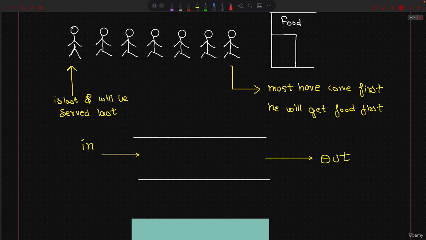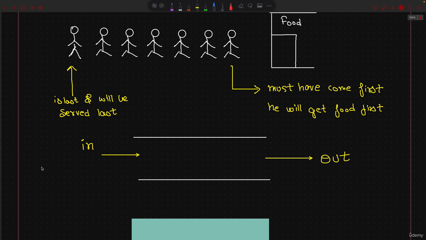So you are entering from one side and you are exiting from the other side, right? That is actually the idea behind queue. As I said, we have seen queues at a bank, at a movie theater, at some food chain. All of us have, in a way, experienced the same. So whenever we have a use case where we want things to get executed in the order they came in, that is where we want to use queue.